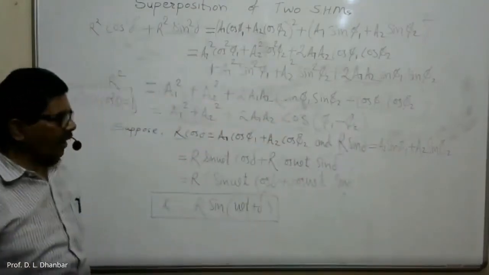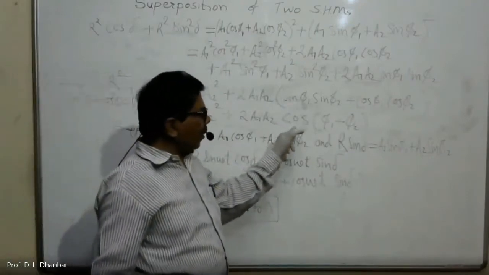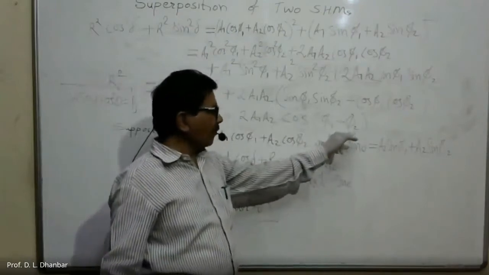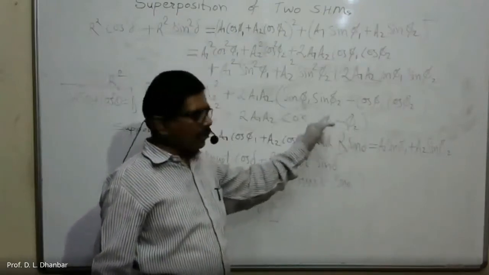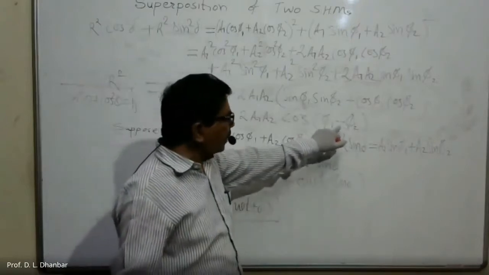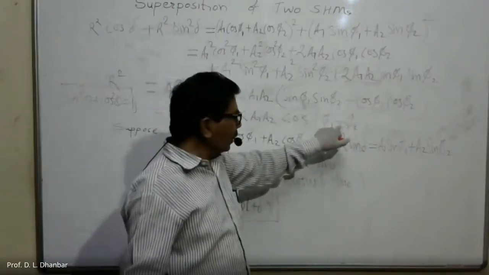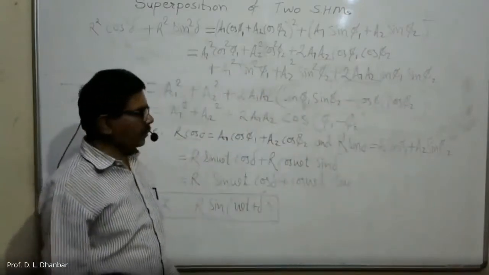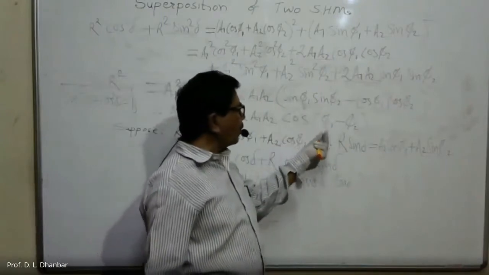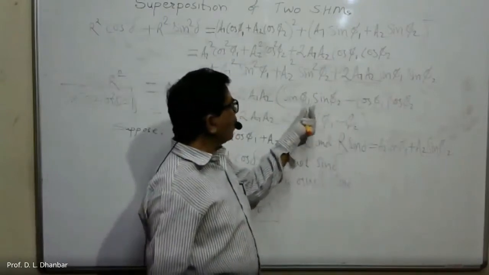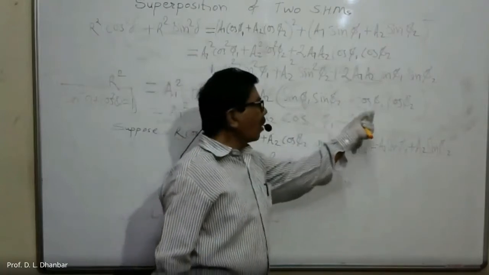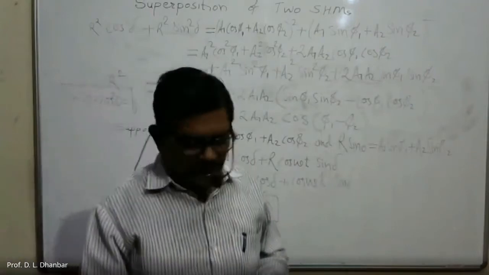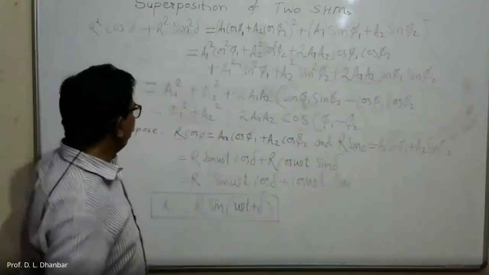The expansion of cos of phi 1 minus phi 2 is like this: sin of phi 1 into sin of phi 2 plus, if it is minus then here you should write plus, so plus cos of phi 1 into cos of phi 2. Or the expansion of cos of phi 1 plus phi 2 will be like that: sin phi 1 sin phi 2 minus cos phi 1 cos phi 2. So these are all trigonometric identities, and by using those identities you will get this equation.